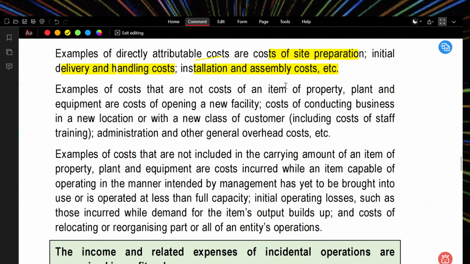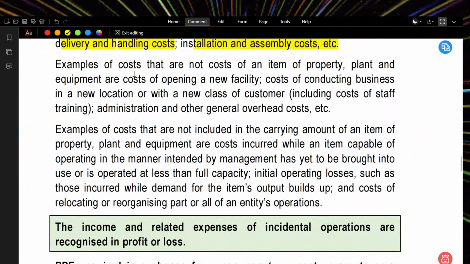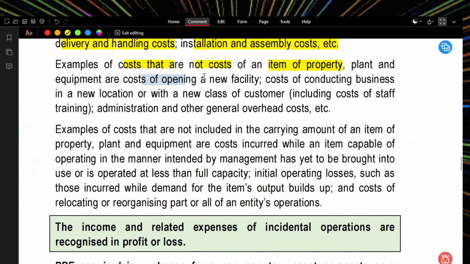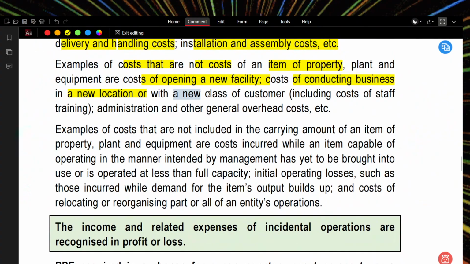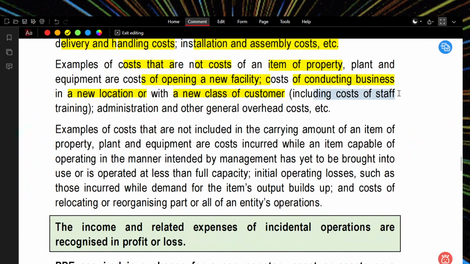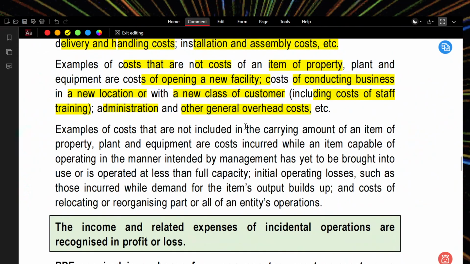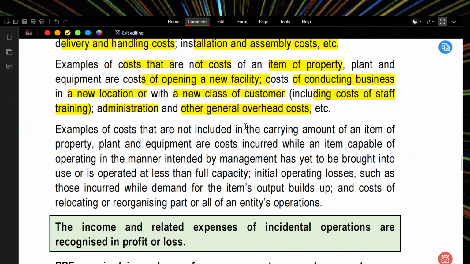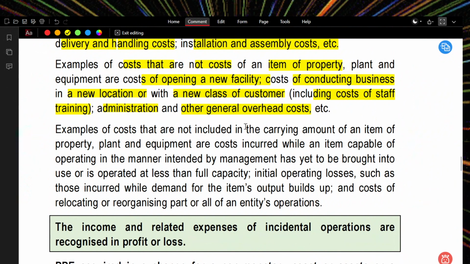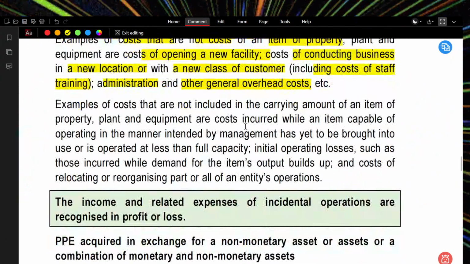So these are the costs that are involved. Examples of costs that are not a cost of an item of plant, property, equipment: a cost of operating a new facility, the cost of conducting business in a new location or with a new class of customers, including the cost of staff training, administration and other general overhead costs. If I'm starting a business in some area and bringing in new staff there, I need to give them new training. That training will also be my cost.